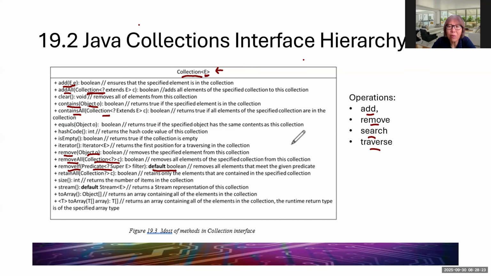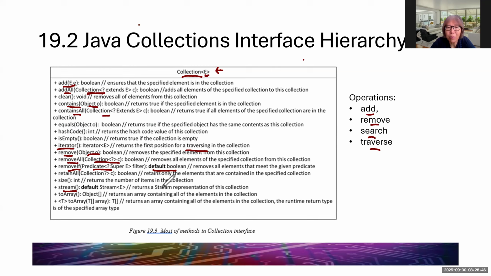And it also supports traversing. If we take a look, it does have the iterator. Okay, so iterator supports the iteration, so traversing. Okay, and it also has some other methods. We were seeing an example like toString.